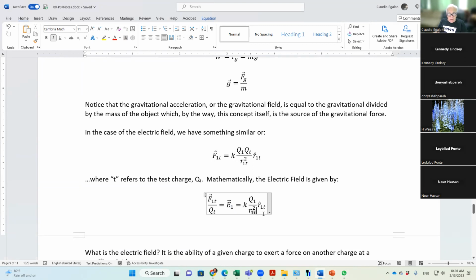And now my vector position is going to be a vector position from the main charge 1 to anywhere in space.